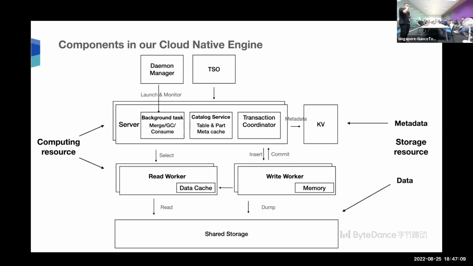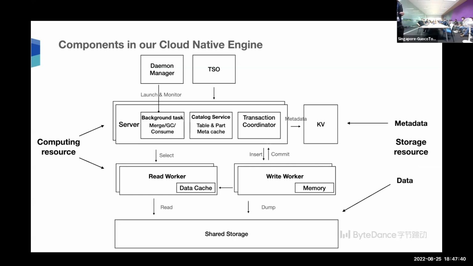After we did this disaggregation architecture refactoring, we gained a lot. For example, we can separate the read and the write. Before, for ClickHouse, the read and the write all go through the same node, so the read sometimes will be impacted by a heavy write. The other part we can focus on is storage.